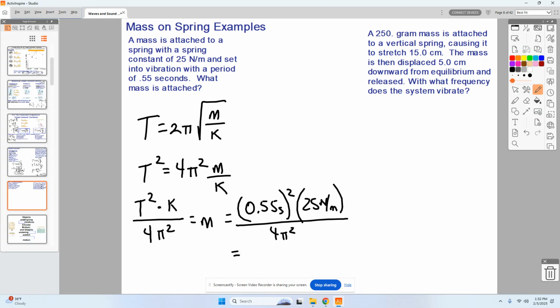Once you have it, just shout it out. One more time. 0.194? What unit should go on that? There you go.